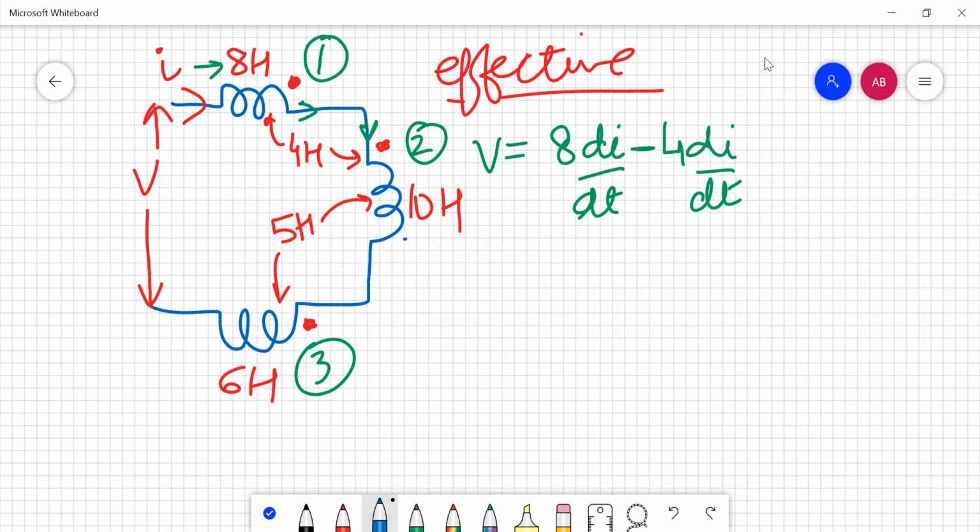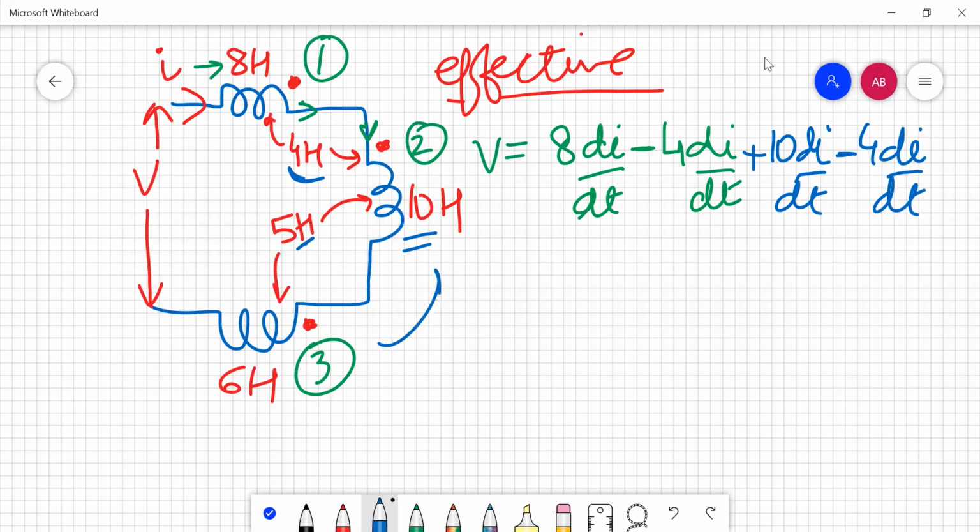Now I come on to my second one. Here it will be plus, because I told you that the voltage because of self-inductance is always positive. So it will be plus 10 di/dt. Now, as this 4 has the negative sign, it will remain negative here also, since it is attached to this coil too. Now we have to check the mutual inductance polarity for this.